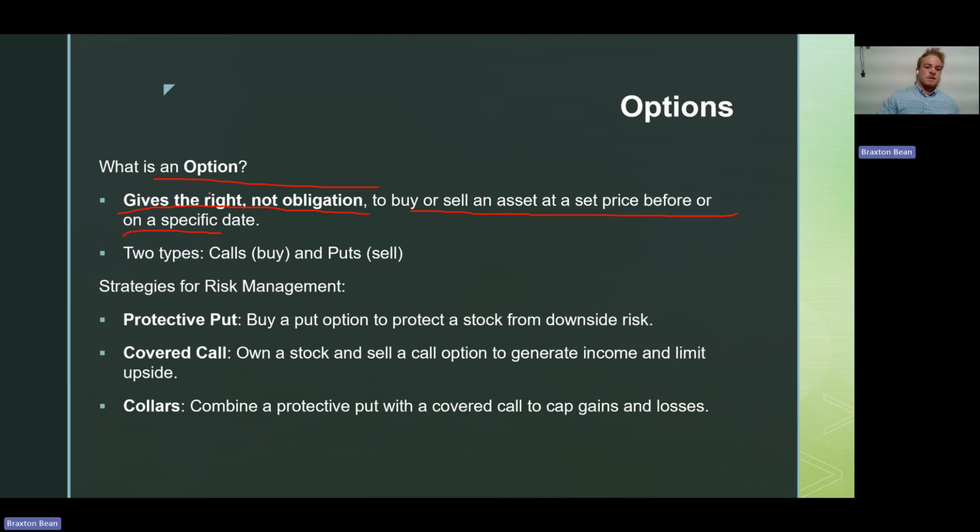So a call option gives you the right, if you buy it, to buy an asset at a set price on or before a set date. A put option allows you to sell an asset at a set price on a specific date.